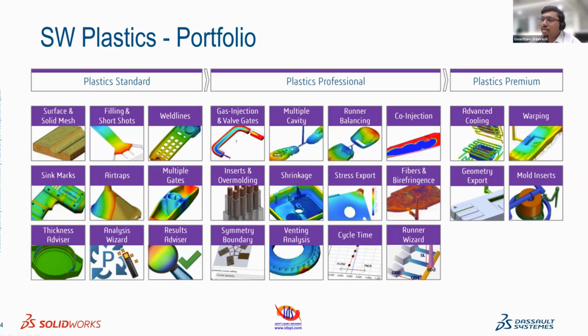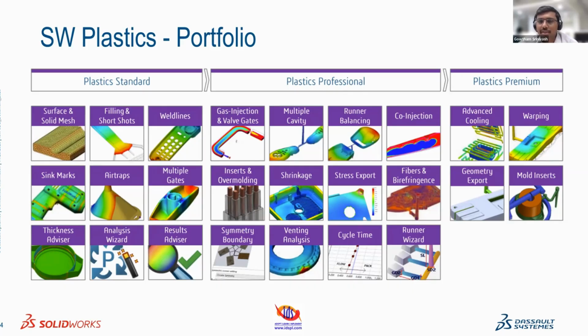If you have a multi-cavity mold or a family mold, runner balancing is a crucial task. SOLIDWORKS Plastics has an automated tool that advises which runner size, gating size, or entire layout will balance it. The software gives you the optimized design outcome.